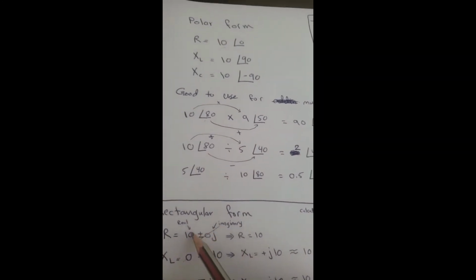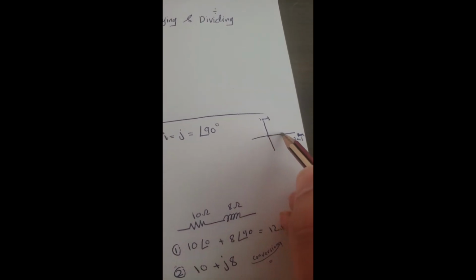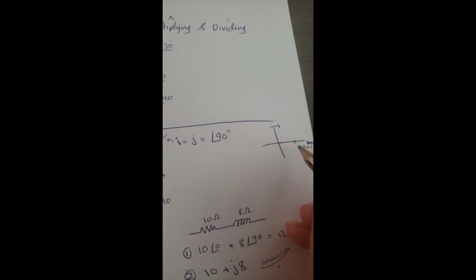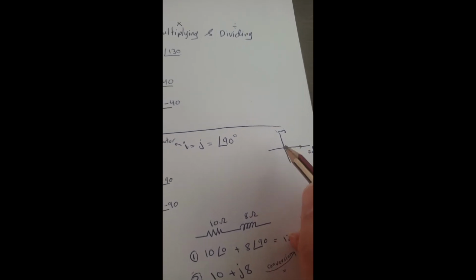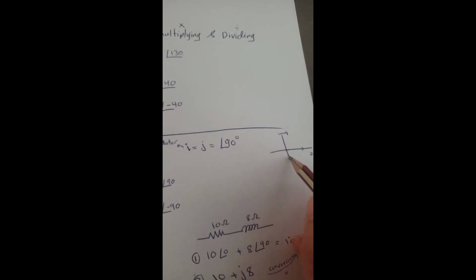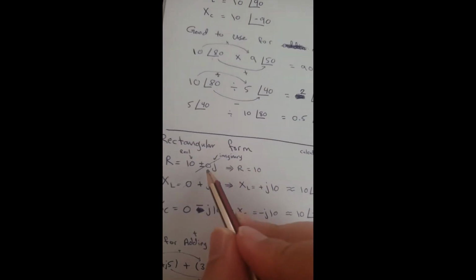Because since the real number is 0, this is the real number, so there is no going up or down to hit the imaginary number, so the angle is always 0. Now, if we go up or down, we are talking about this part, that's why J is existed.